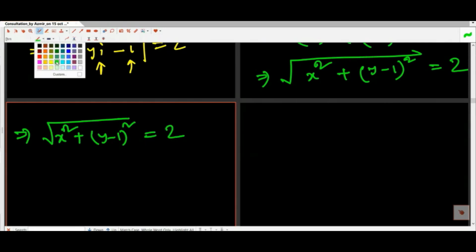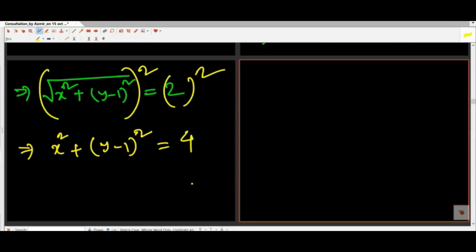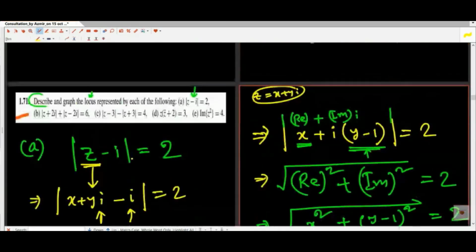So now we have square root of x squared plus y minus 1 squared equals 2. So we can take square on both sides. That means we are getting x squared plus y minus 1 squared equals 4. That means 4 can also be written as 2 squared. So we have found one equation from the equation that we have where complex number z is involved.